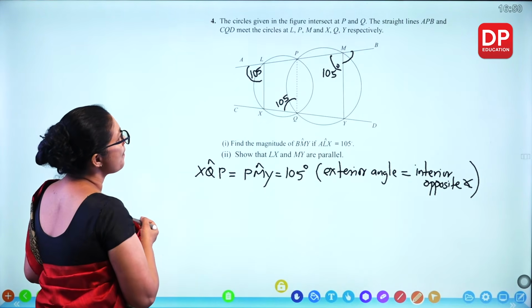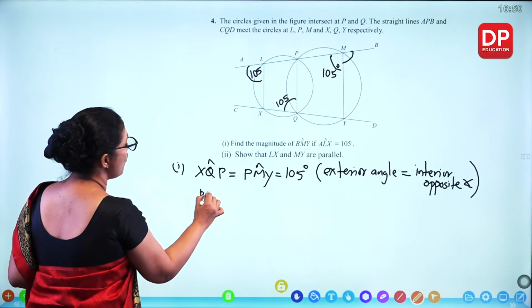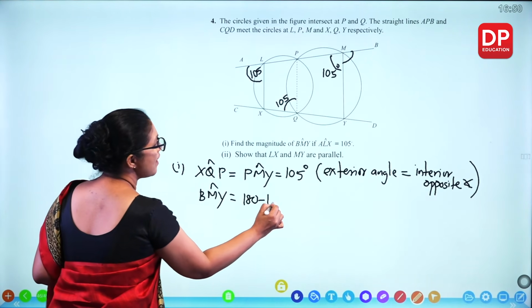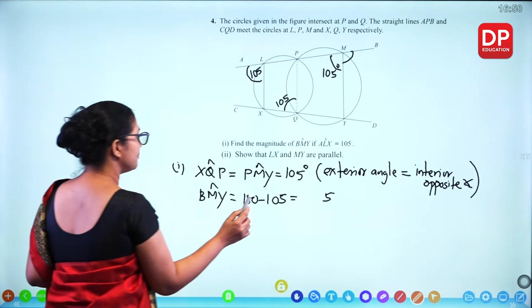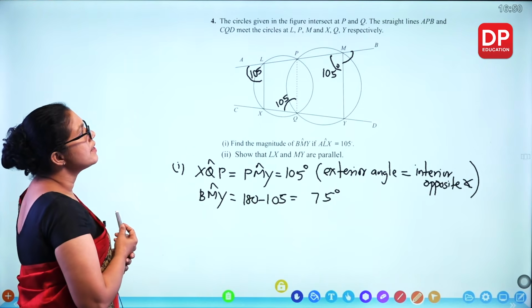Then what's BMY angle? 180 minus 105, 75 degrees.